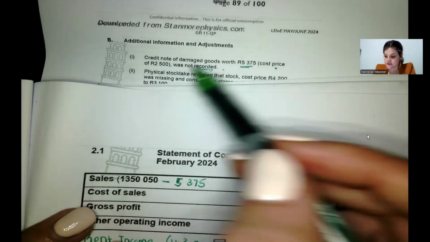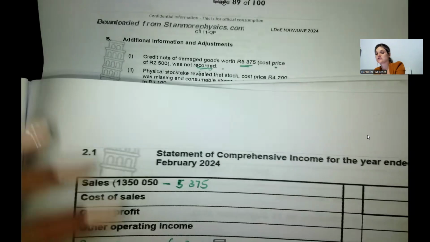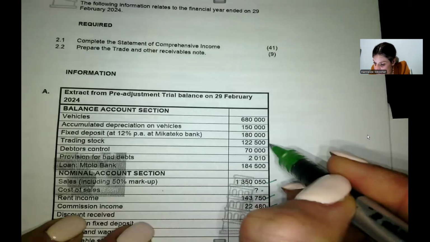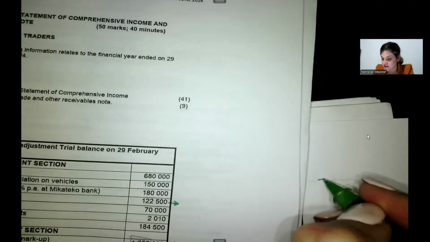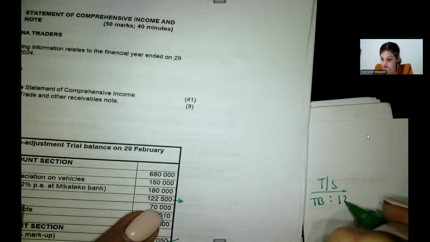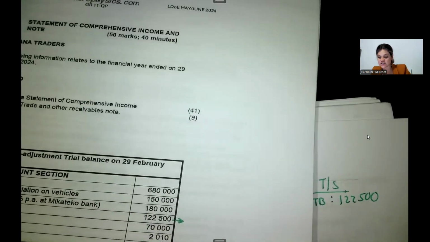We're happy. So then the other thing that I always do when I see any transaction with stock is I always have another calculation going on here. So trading stock currently says, according to the trial balance, I have 122,500. This is my pre-adjustment trial balance figure.